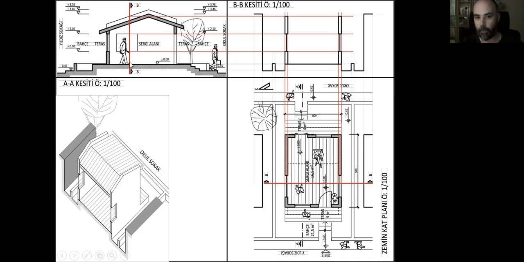I need to draw the section line over the AA section so that it will be easy for me to determine the height of the roof parapet wall. Because as you can see here, if you change the position of the BB section line, the height of the wall will change. So this is important. I need to transfer it from the AA section, and that's the only way to do that. Otherwise, it will be wrong.